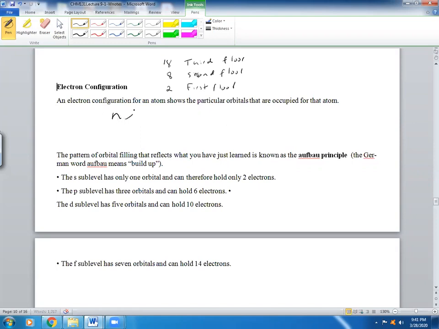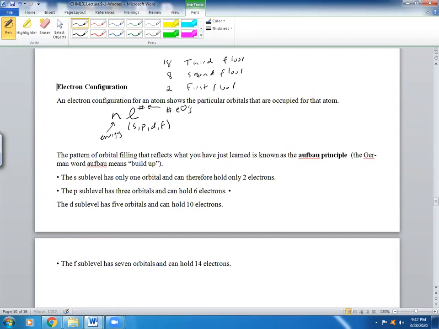You're going to have L, which is going to be either the S, the P, the D, and the F. And you're going to have a number on the top. And that right there is the number of electrons.